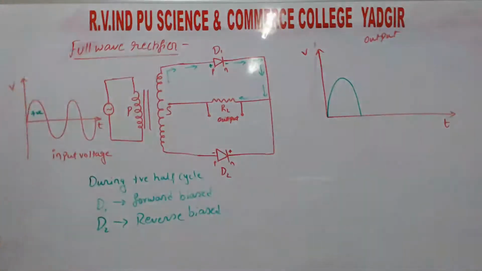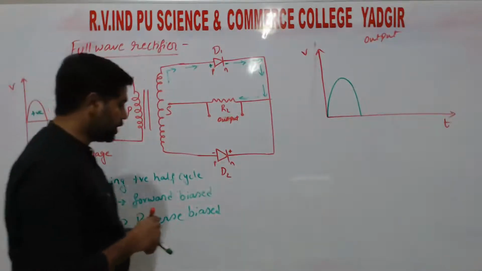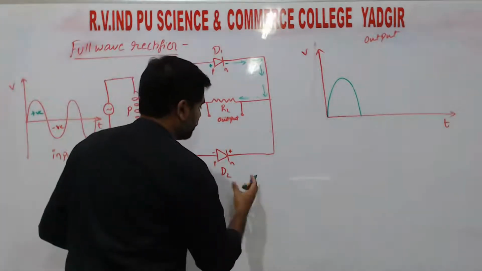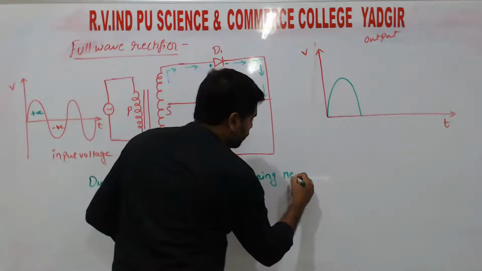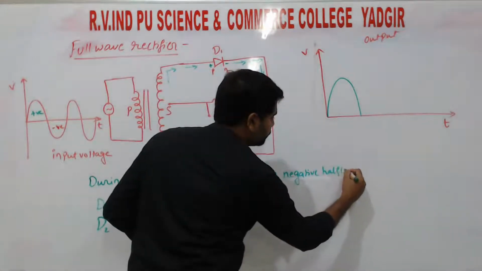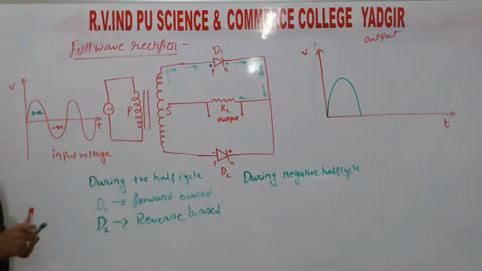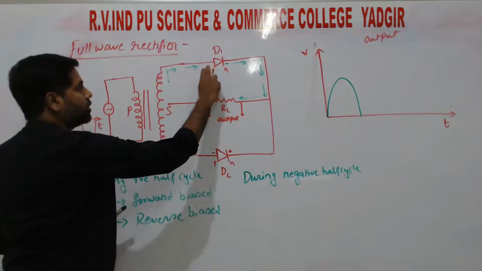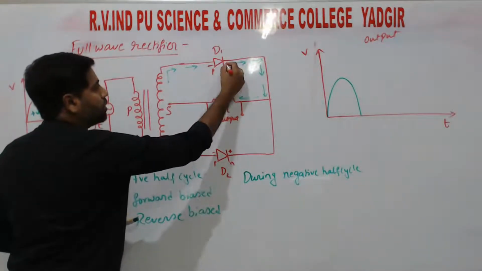Similarly, during the negative half cycle, this one is the negative voltage. During the negative half cycle, the P terminal becomes minus and the N terminal becomes plus.